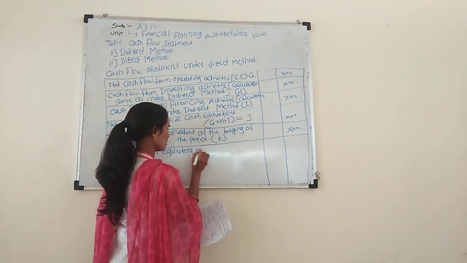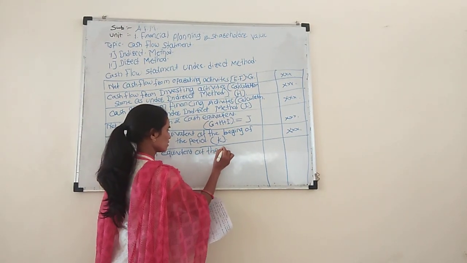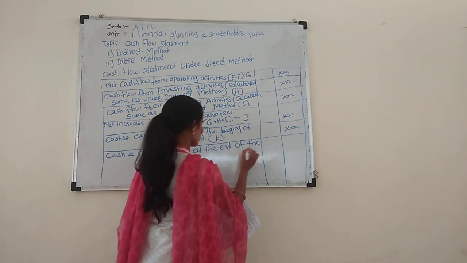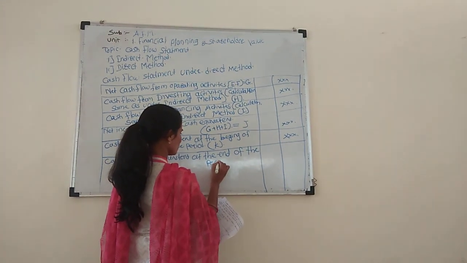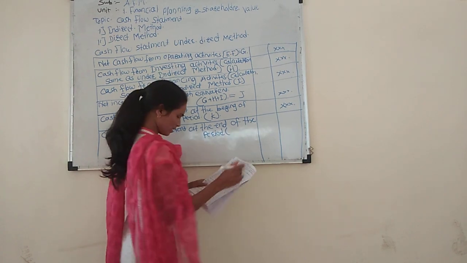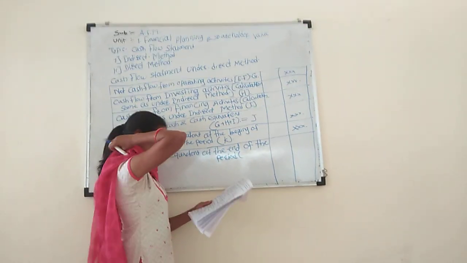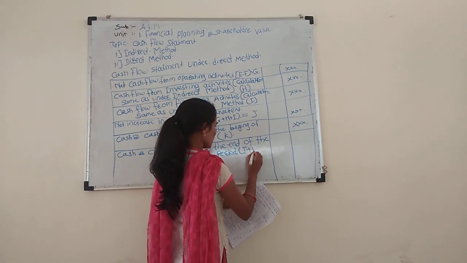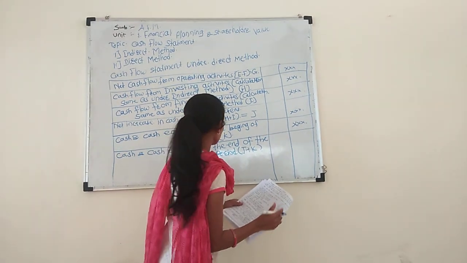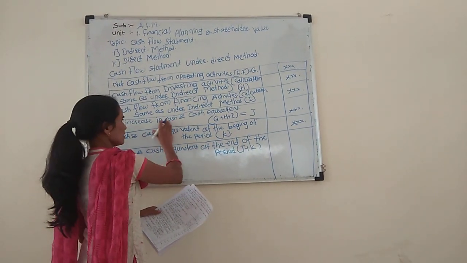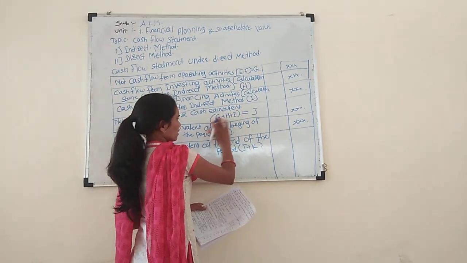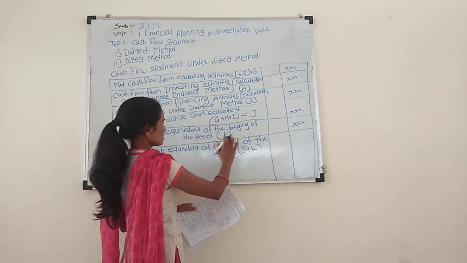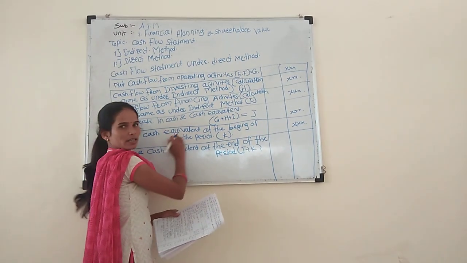This is J plus K. J means net increase in cash and cash equivalent, which is G plus H plus I equal to J. K means cash and cash equivalent at the beginning of the period.